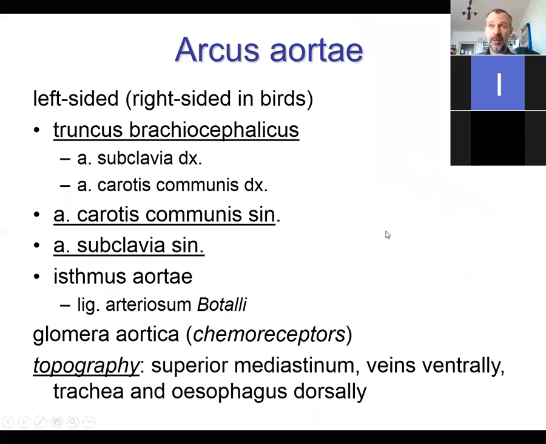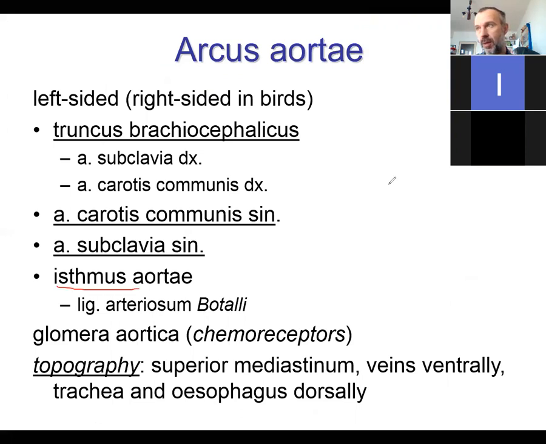Yeah, for the aortic arch, we have already talked about the branches, and we know that all mammalia have a left-sided aortic arch. The right-sided is in lower species like birds, but of course there can be an exception where we have a right-sided arch of aorta. We have here a term, isthmus. What is isthmus?